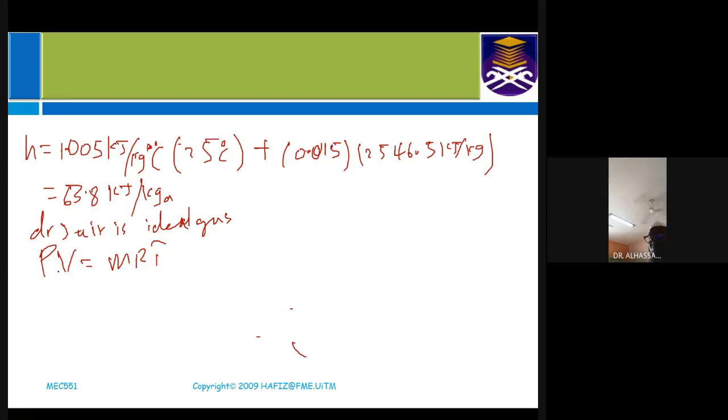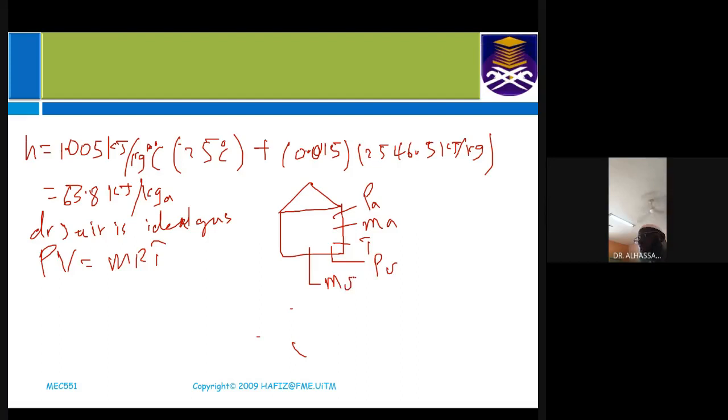Let us recapture the situation in the room. The room has a certain pressure Pa, mass of dry air Ma, at temperature T, and it also has water vapor, Pv, mass of water vapor Mv.